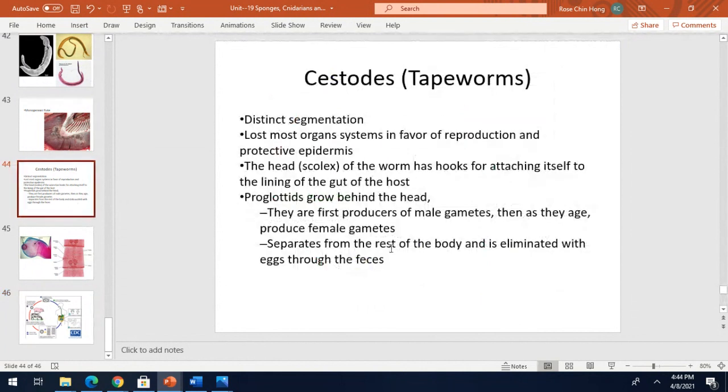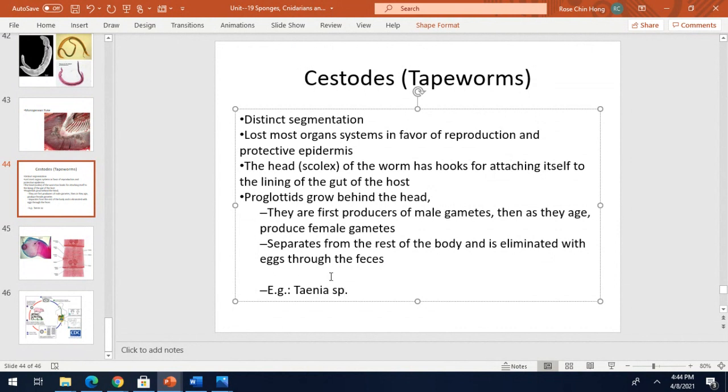So let me type in here our example because I'll give you guys this. So example here, we have Taenia. Taenia, let's spell it right, species. That's what we would have done in class.